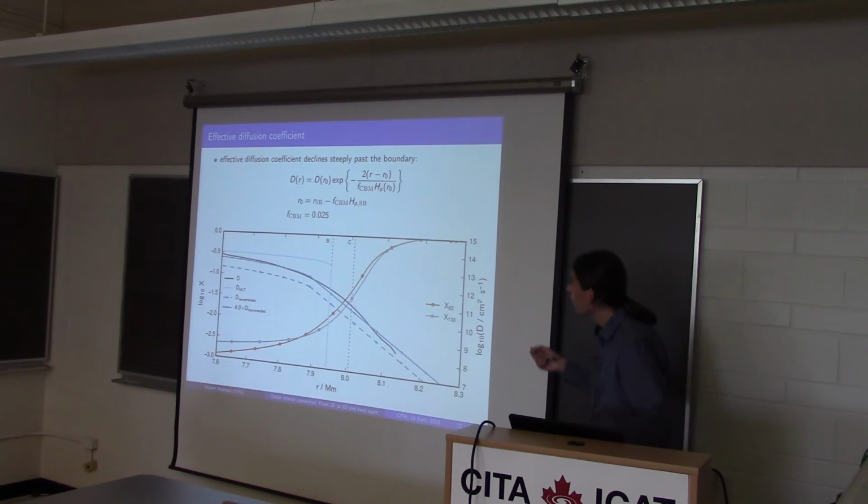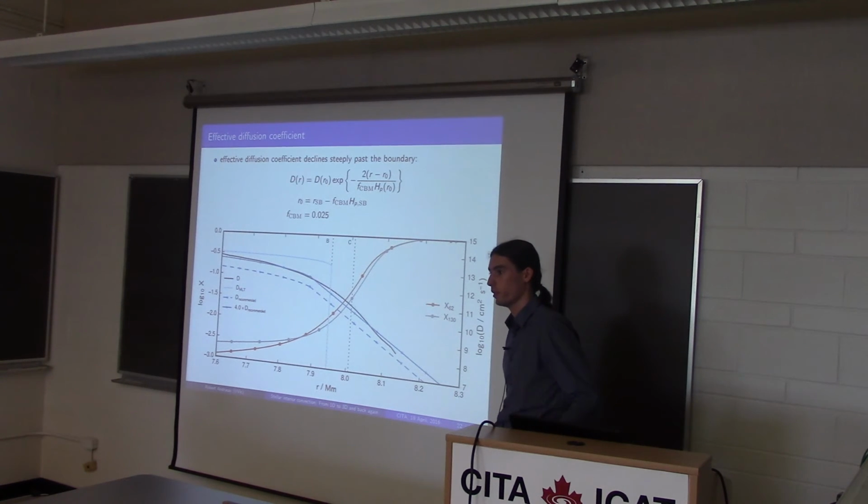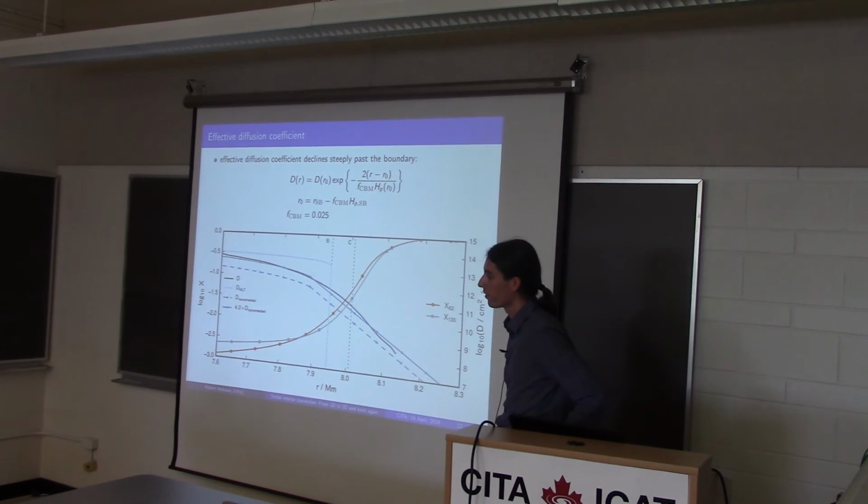Of course, it's not only this coefficient that determines the mixing rate, because you also have this D0, the diffusivity at the boundary, which depends on the convective velocity, which also goes up as you increase the luminosity. So we really need to. That one you've got under control, you've got the scaling of luminosity from your simple logarithm.